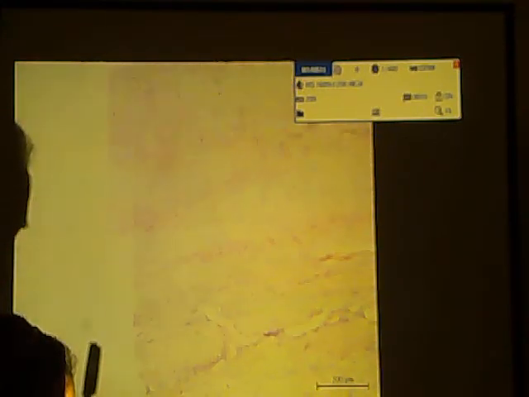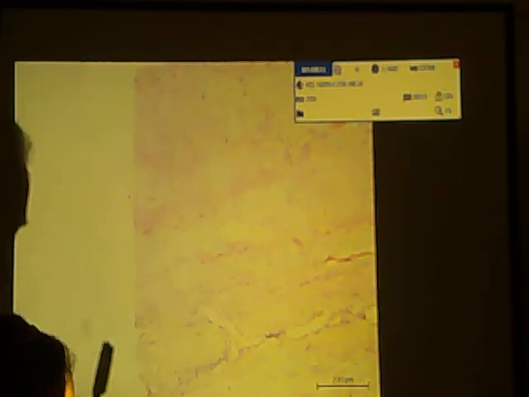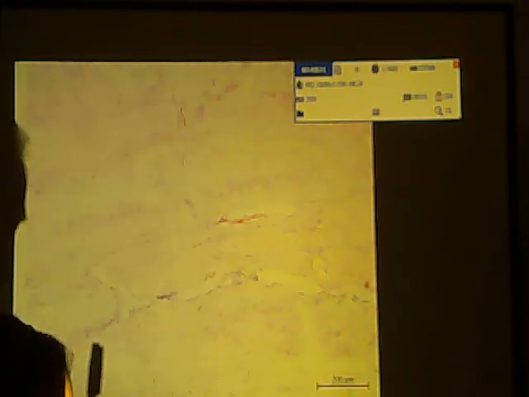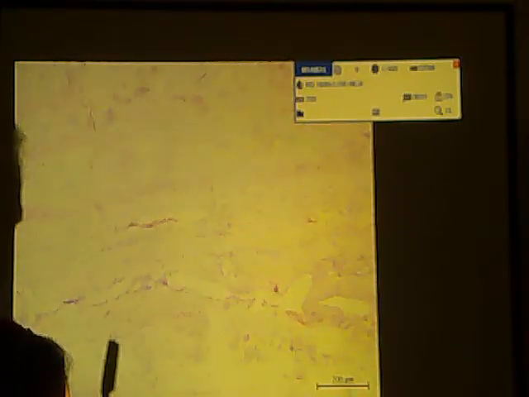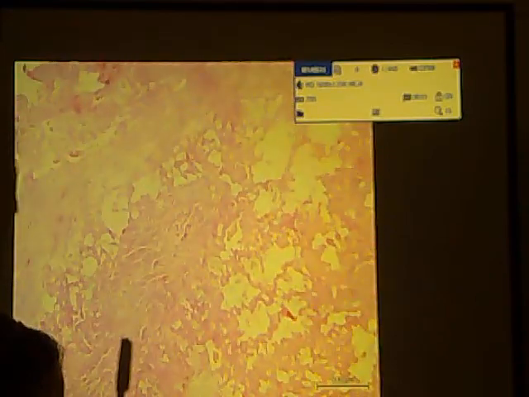So can you imagine that bread and butter pericarditis? That's why it's called bread and butter pericarditis. So, this is your pericardium. And this is the fibrinous part. All pink with scattered inflammatory cells.